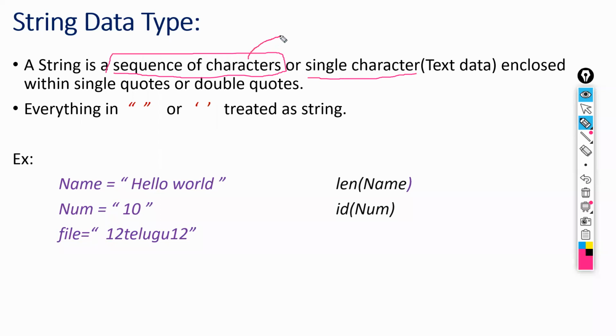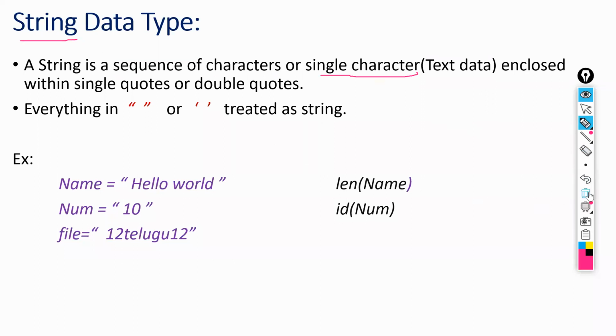In this, the characters may be A to Z alpha values, uppercase A to Z, lowercase A to Z, and numbers and special symbols are also involved in the string data type. If I want to represent only one character, a single character, I can simply use the string data type only.